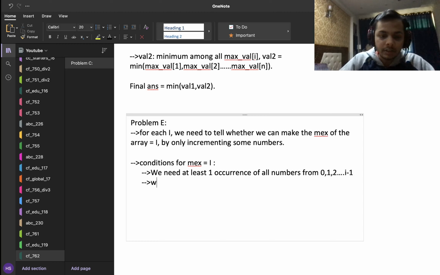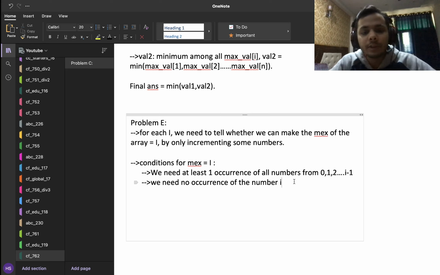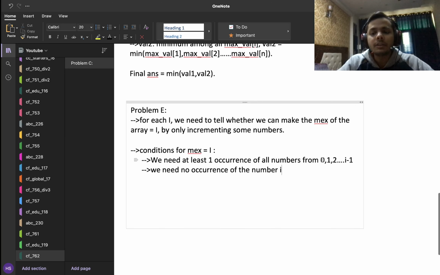But the second condition is that we need no occurrence of the number I. And if these two conditions are satisfied, then surely the max is going to be I. We don't need anything else. The only condition for max to be equal to I is that we have at least one occurrence of all the numbers from 0 to I minus 1, and there is no occurrence of the number I.